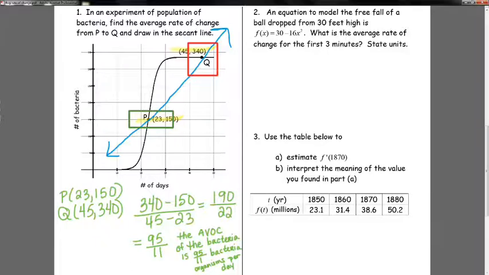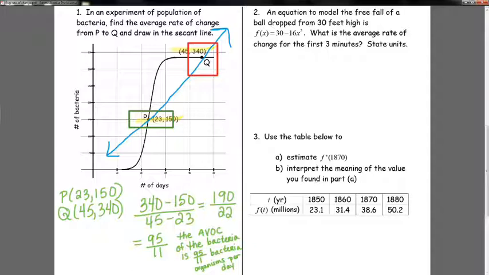Alright, let's head over to number 2. An equation to model the free fall of a ball dropped from 30 feet high is f of x equals 30 minus 16x squared. What is the average rate of change for the first 3 minutes? And make sure we state units.